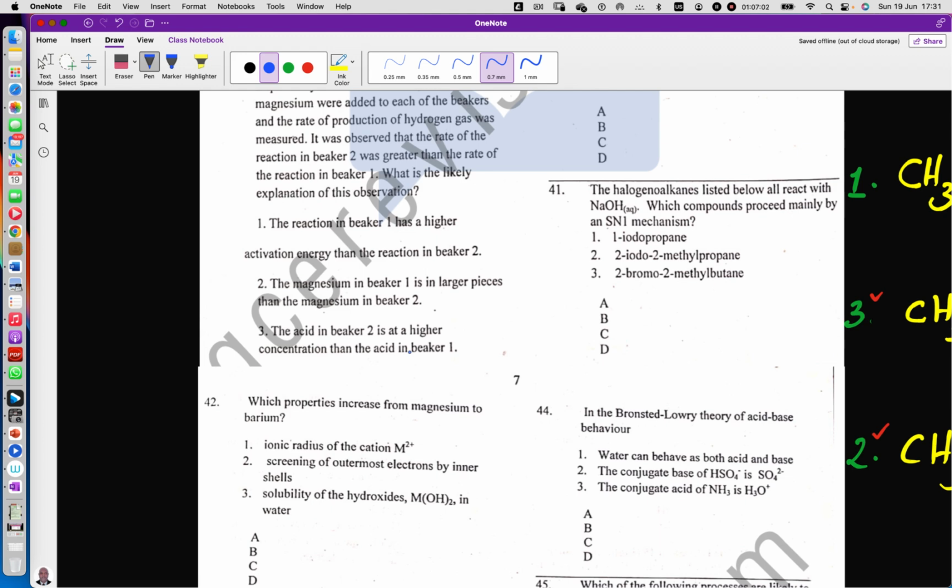No primary. Only tertiary and secondary. So we need to draw the structures of the halogenoalkanes and see which one is primary, secondary, and tertiary. Then we will select only the tertiary and the secondary, because these are the only ones that will undergo SN1 mechanism.